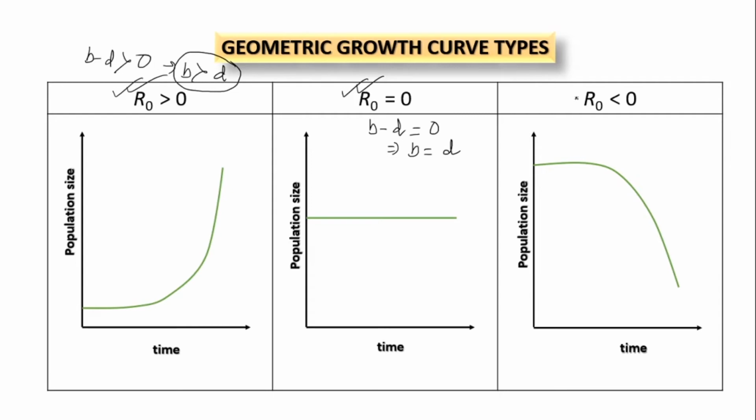And the third case is when the net reproductive rate is less than 0, that means B minus D is less than 0, that means the birth rate is less than the death rate. And in this case, the population will show a decreasing growth pattern.